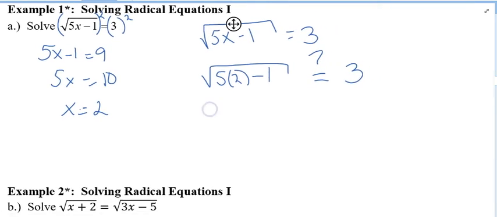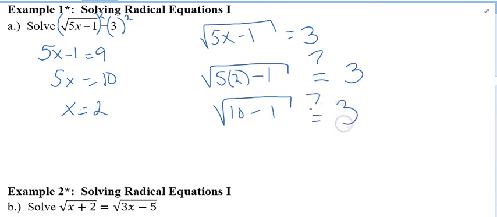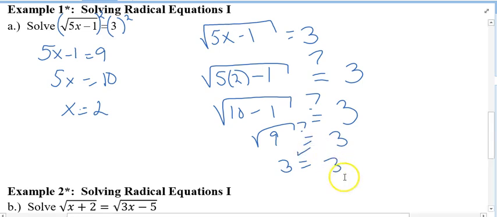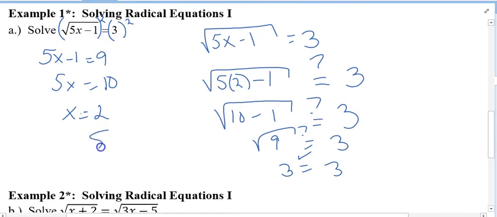Square root of 10 minus 1, and that is square root of 9, and the square root of 9 is 3. So that is a correct answer. So we know that this is a good solution. So our solution set would be 2.